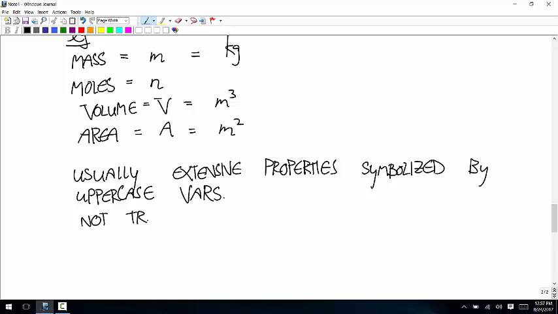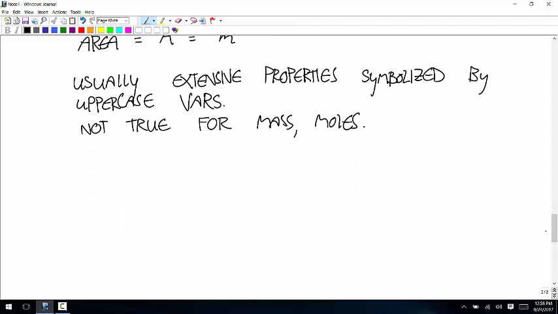So that's not true for mass or moles. But I think in every other case in this class, extensive properties are going to be uppercase, intensive are going to be lowercase. So let me give you a list of some of these.